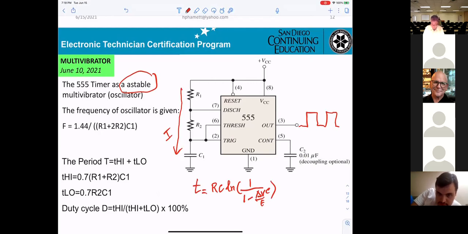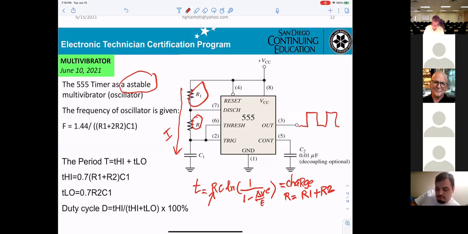Okay, so when they charging here, what R? That is the charging. So equal to R1 plus R2. Exactly. R will include R1, R2. So in this case, R in here equal R1 plus R2.